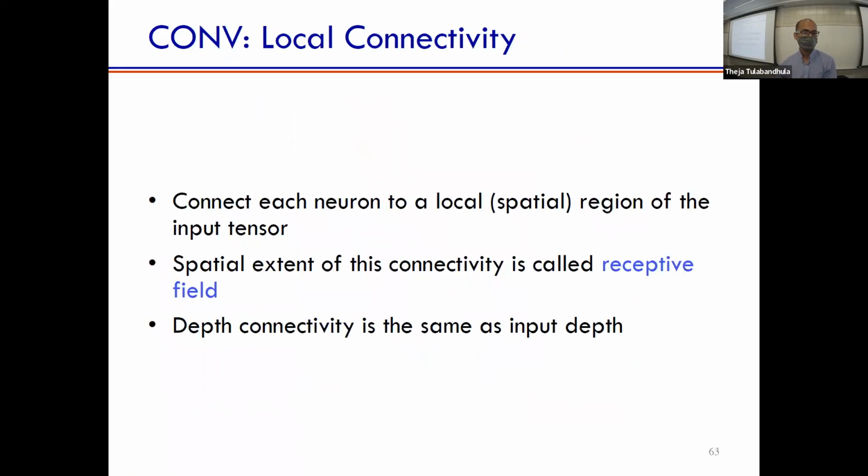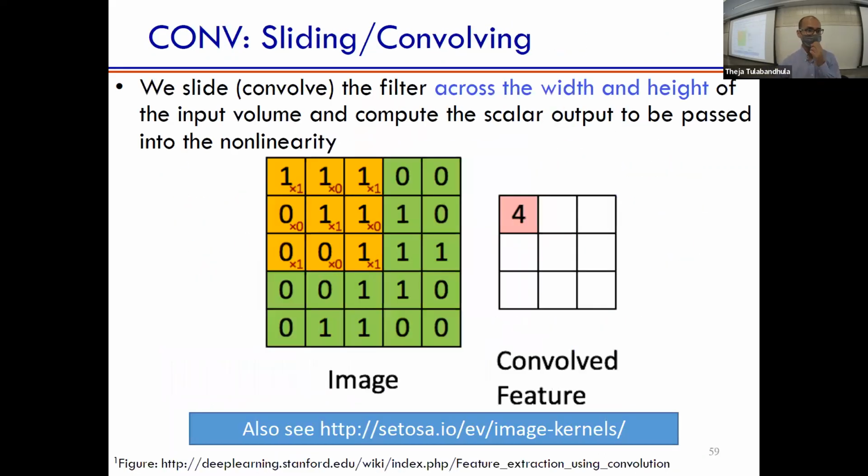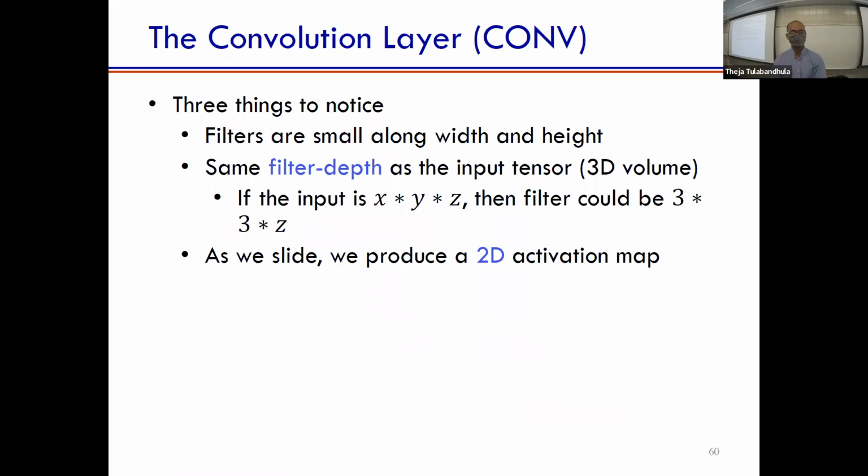We were in this picture, and now let's make brief quick comments on filters. I think we just saw that somebody asked what happens if the filter is huge. Filter depth has to be the same as input depth. We just discussed that, because they have to multiply element wise, so the depth has to be the same.